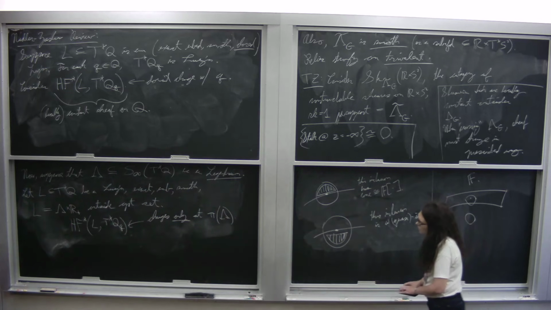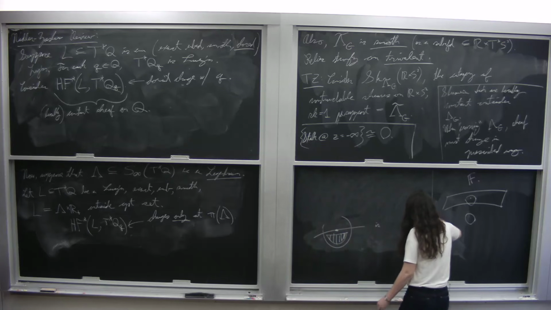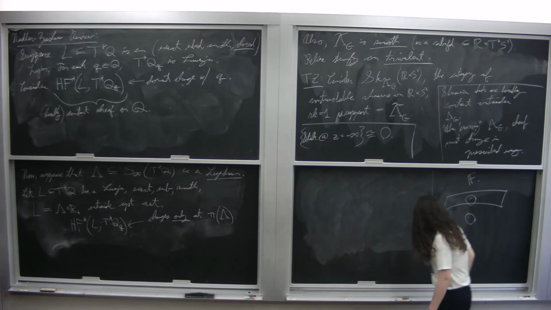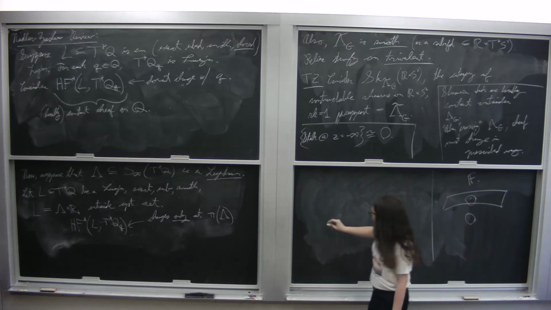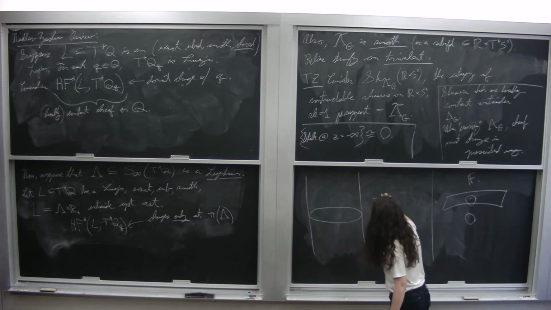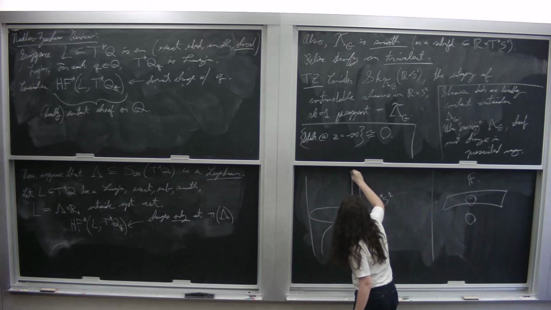So the picture here is that if I'm in T star S1, here we are, T star S1, and let's say that L is maybe something like this.